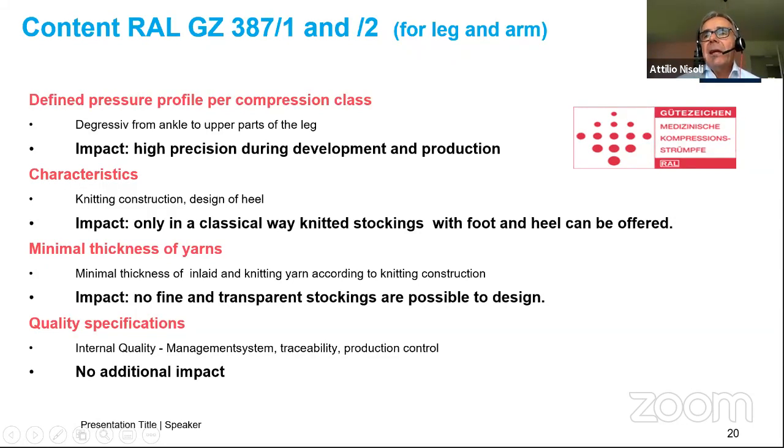If we need to fulfill compression class 3 or 4 with a very thin yarn, this would maybe break and we would not be able to provide these high compression classes with very thin yarns. But with compression class 1 or 2, we actually offer quite thin, good looking stockings.